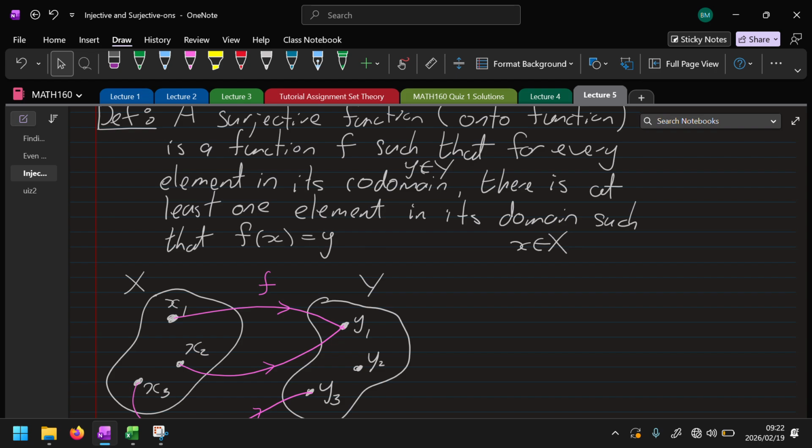In fact, there's two, but it said at least one. So it can be 1, it can be 2, it can be 3. There is at least one. We can pick this one or this one. It maps to it. Y3, is there at least one element that maps to it? There is only one. That's fine. It said at least one. Y2, immediately not surjective.